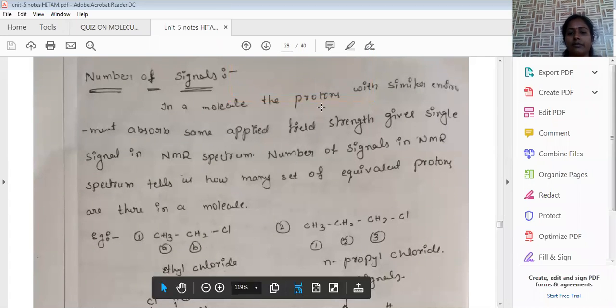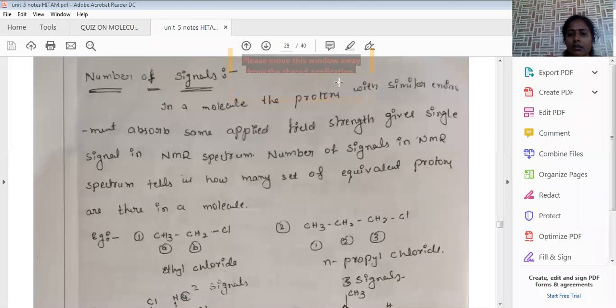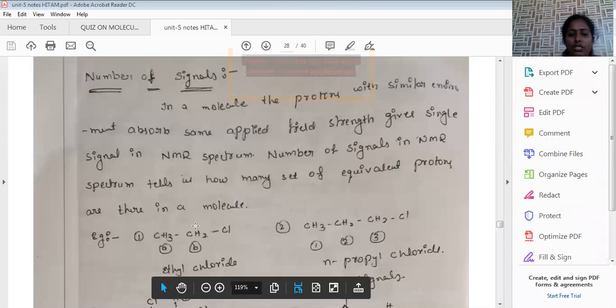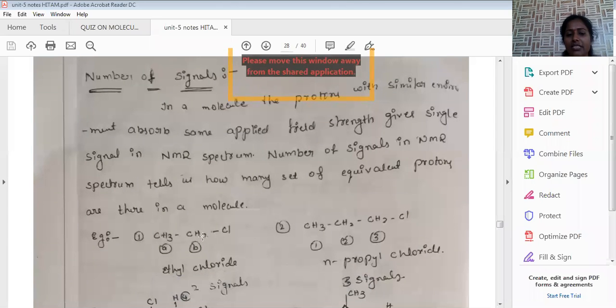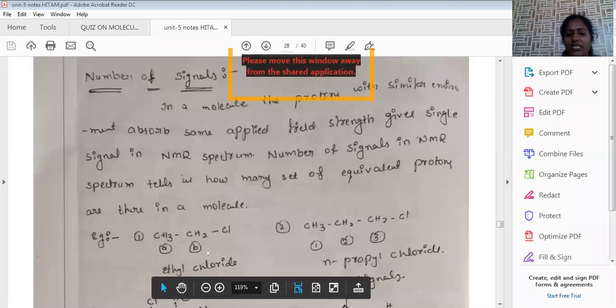The reason for getting 2 signals is here. In the CH2 group, the 2 hydrogens have the same nature. Both are exactly equivalent. Hence, these 2 hydrogens will give 1 signal, and these 3 hydrogens are experiencing the same environment, the same nature.